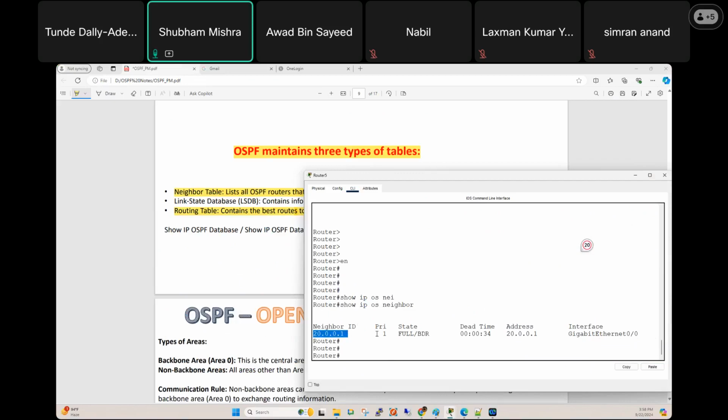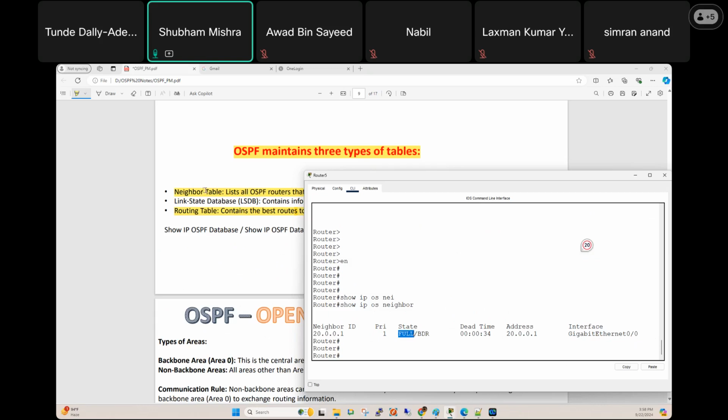This is priority. Priority is by default 1. And what is state? State is Full and BDR. What do you mean by full? Let's suppose there are two routers, and when you configure OSPF on the two routers, first of all both routers exchange the hello packet.